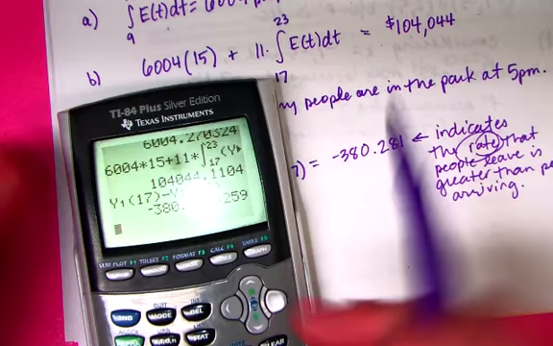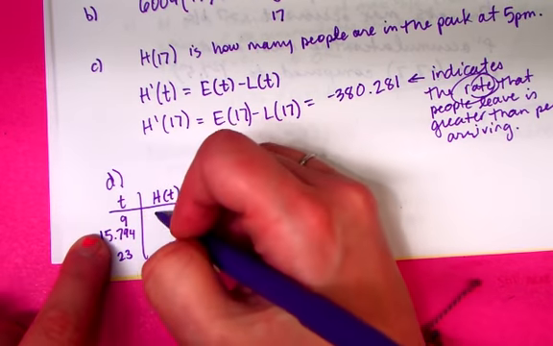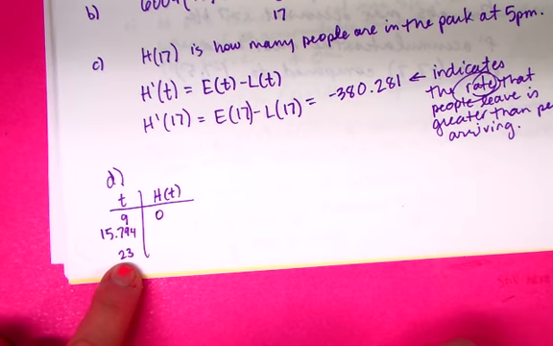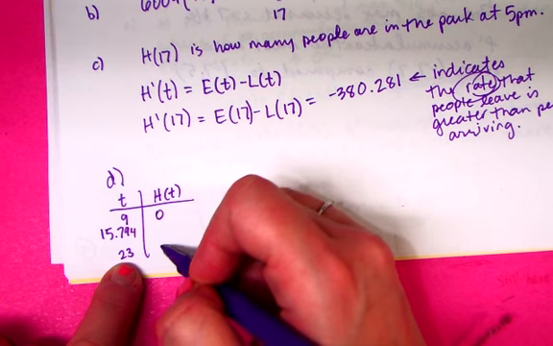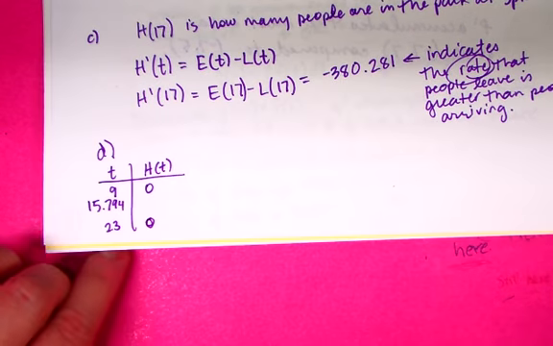Okay, but you can just go back to the home screen. We calculated how many were in there at 9, right? We know they told us at 0. Probably at 23, it's going to be 0 again, right? Because everyone left.